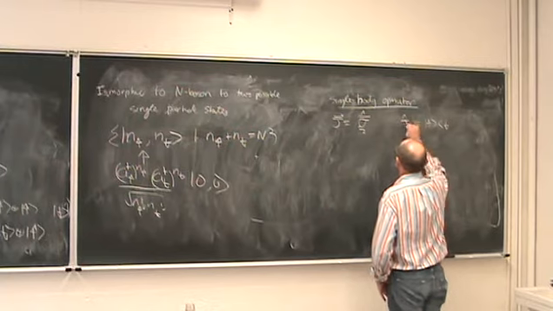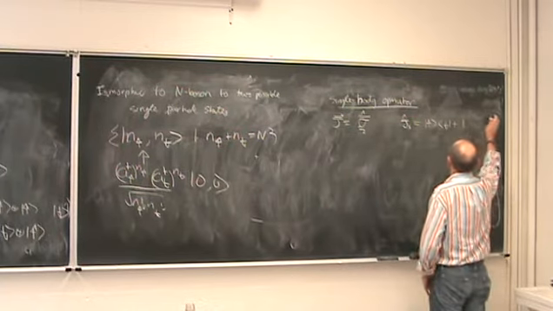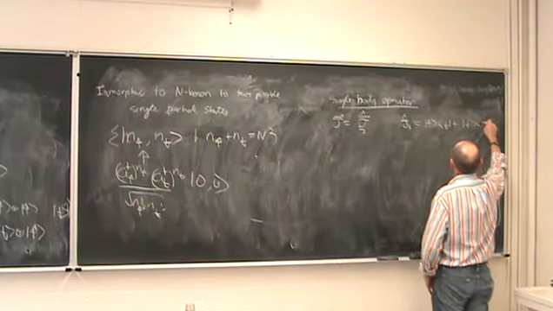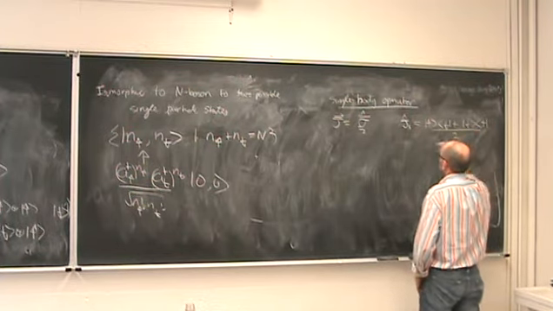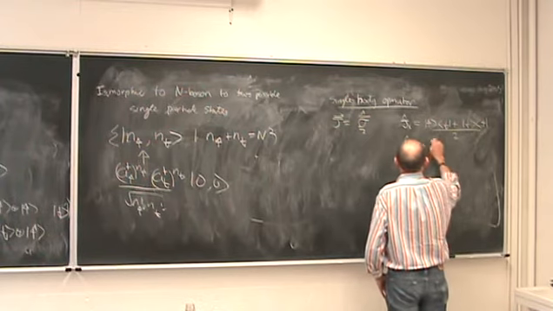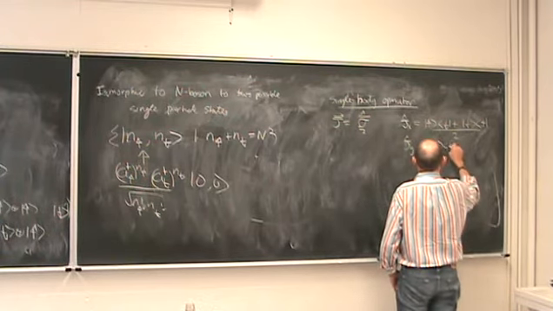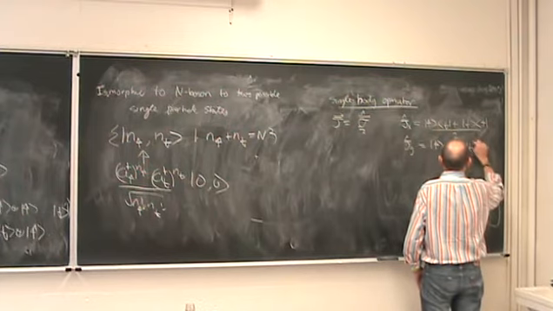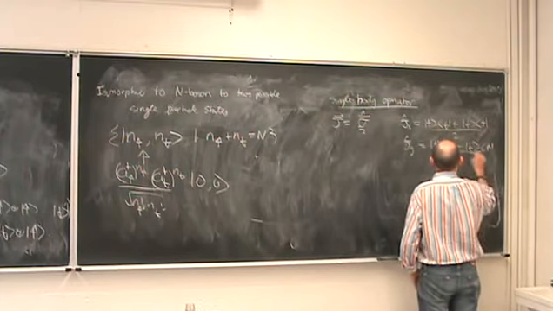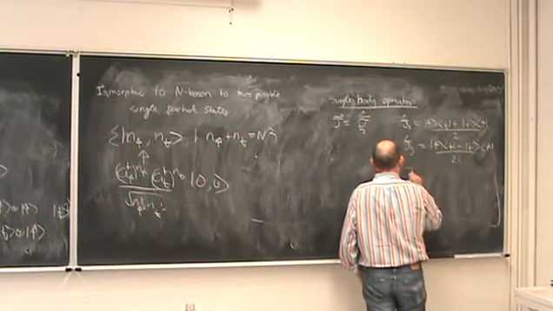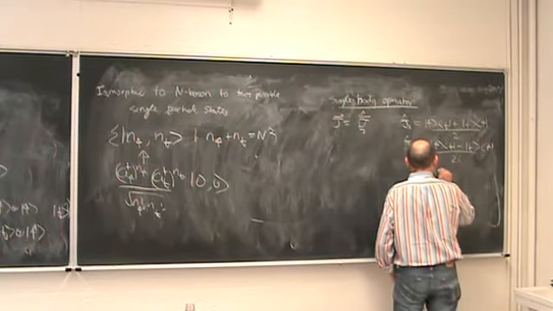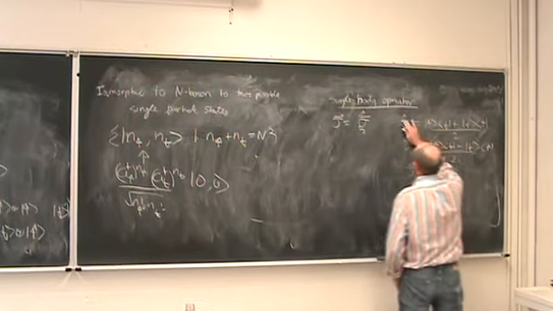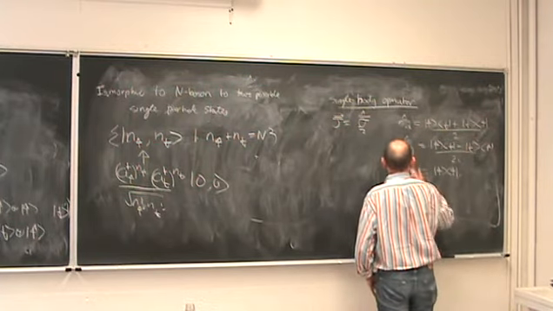So Jx is this, Jy is sigma y over 2, and Jz is sigma z over 2. Let me call these little j's. These are my single body operators.